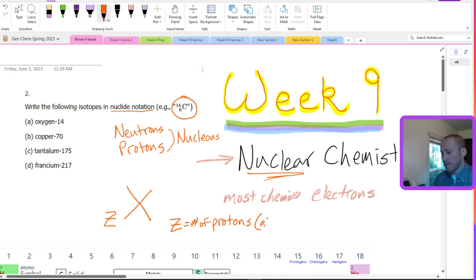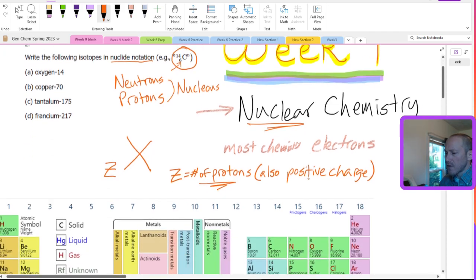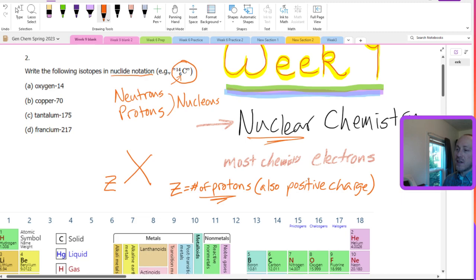So also, this might be superfluous in a way. Number of protons is definitely the best thing to think about Z. So in the case of carbon, that's 6. But it's also the positive charge, because each proton has a +1 charge. And the third way to think about it: Z is basically what defines the letter.